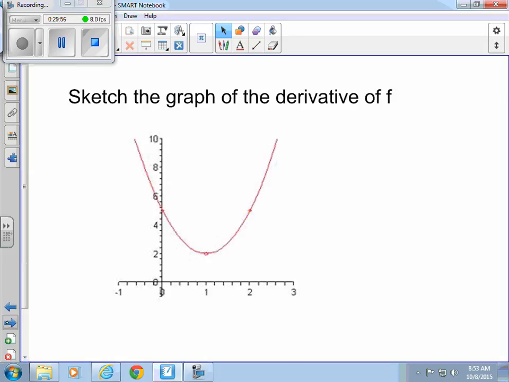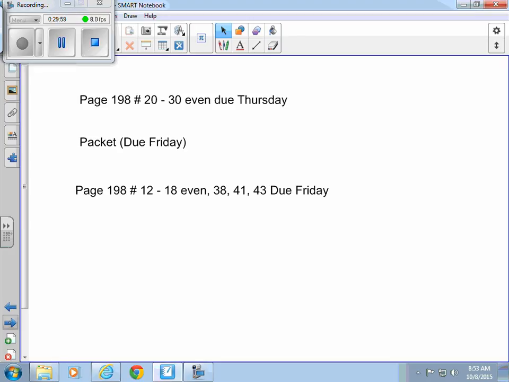In fact, we'll take a little pause really quick. Monday, the first, page 198 is what's due tomorrow. 5 problems.